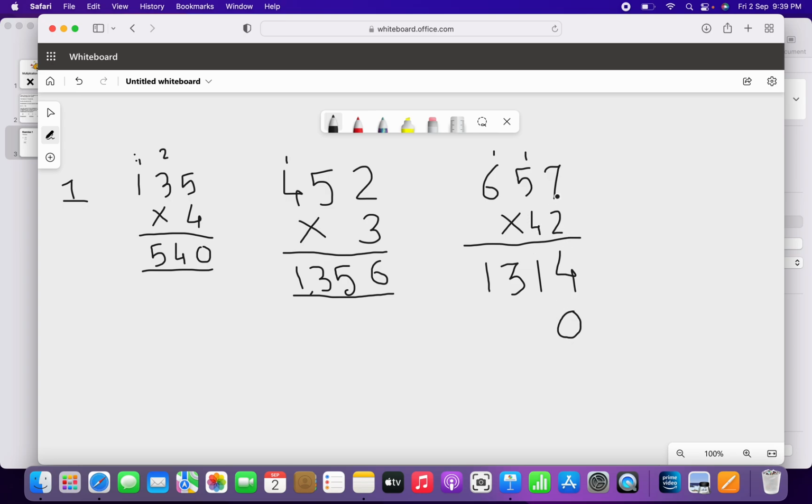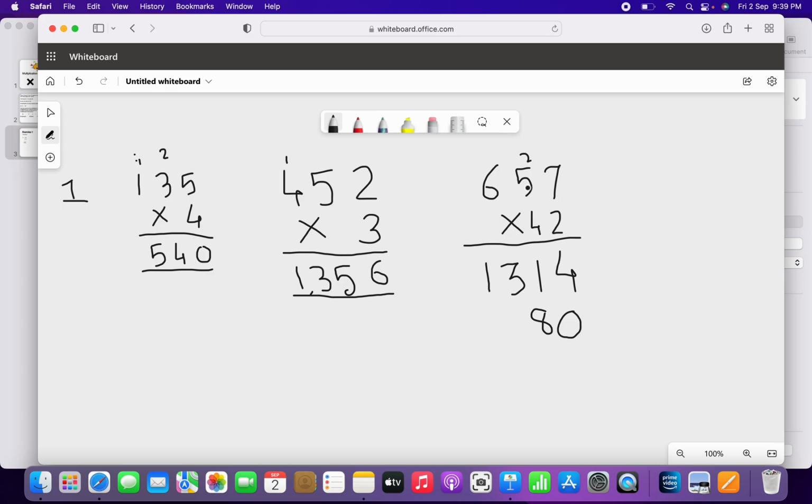It starts off with 4 times 7 is 28, right? You write 8 under tens to begin with, and 2 carry over.